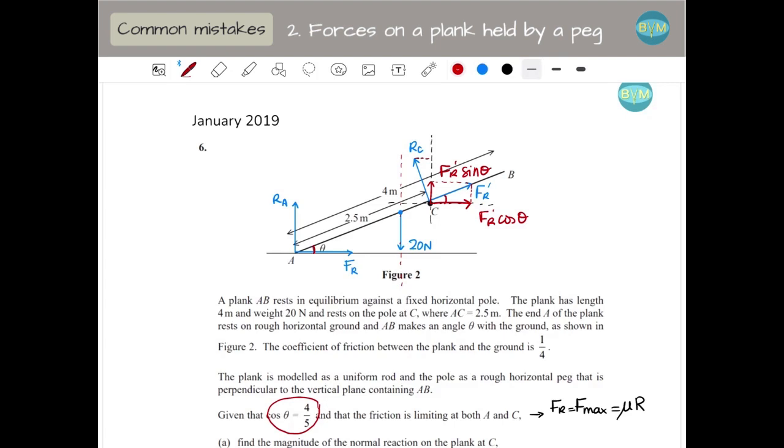Then I have components for RC. This angle is theta again, so that one will be RC cos of theta, and this one will be RC sine of theta. I don't know if you see all of the forces. I hope so. So you have two components for this force and two components for this force.